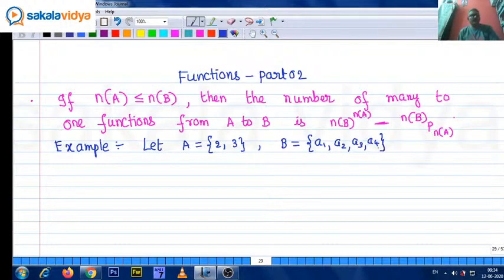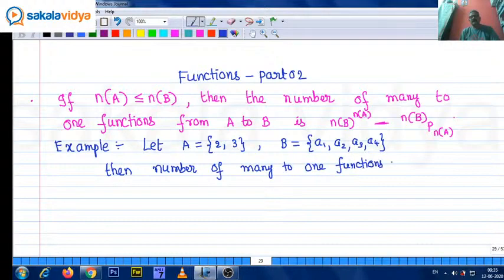Here clearly n(A) is less than n(B). Then find the number of many-to-one functions from A to B. This is the question.